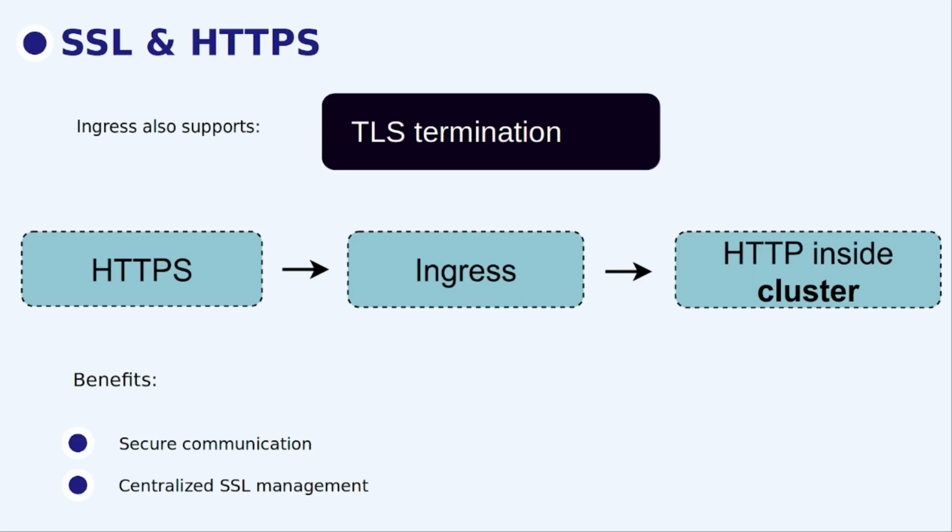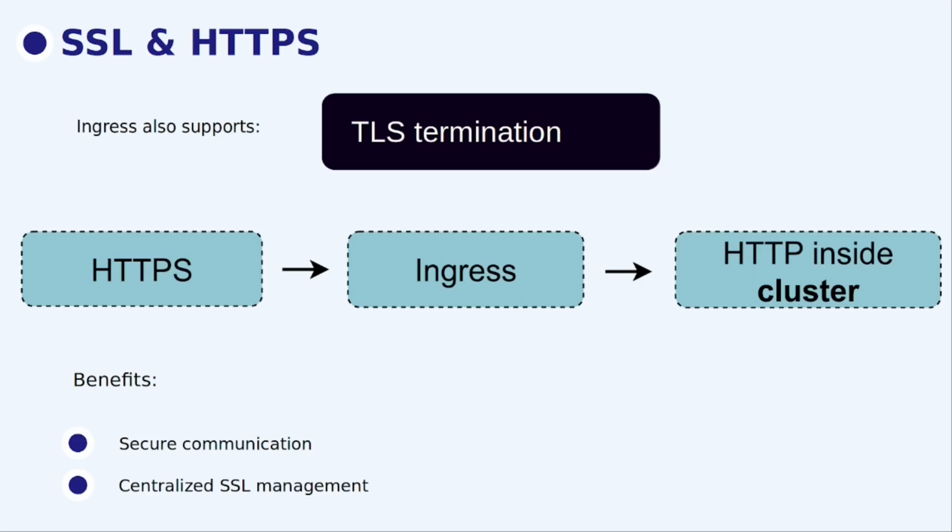SSL and HTTPS. Another important capability of Ingress is TLS termination. This means the Ingress controller can handle HTTPS encryption. Incoming HTTPS traffic is decrypted at the Ingress layer and then forwarded internally using HTTP.